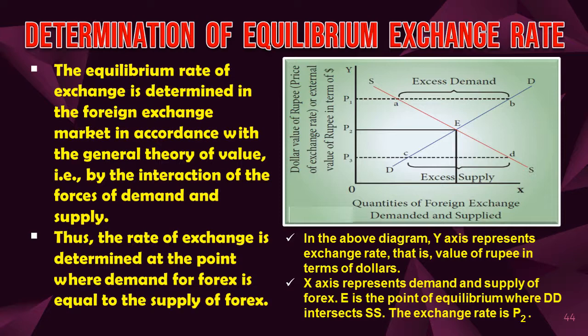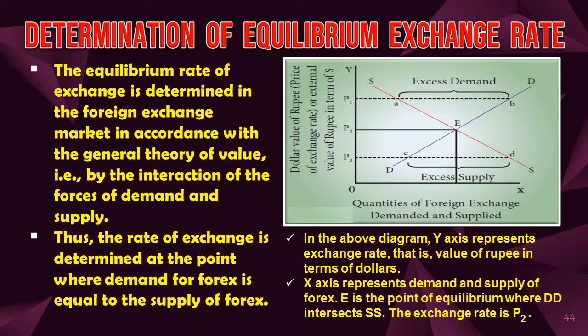The equilibrium rate of exchange is determined in the foreign exchange market in accordance with the general theory of value, that is by the interaction of the forces of demand and supply.